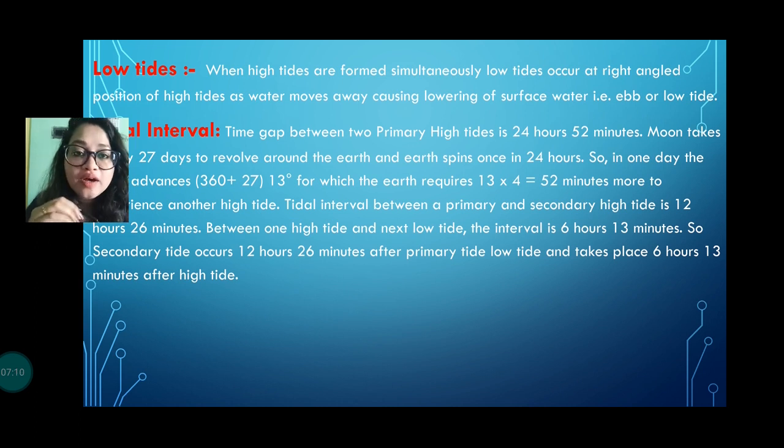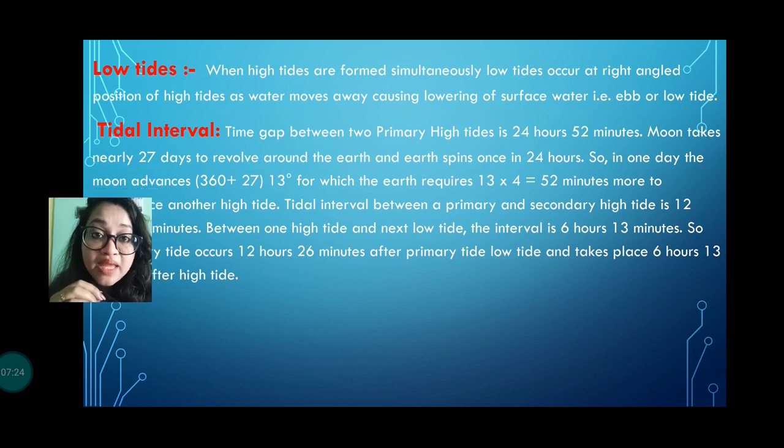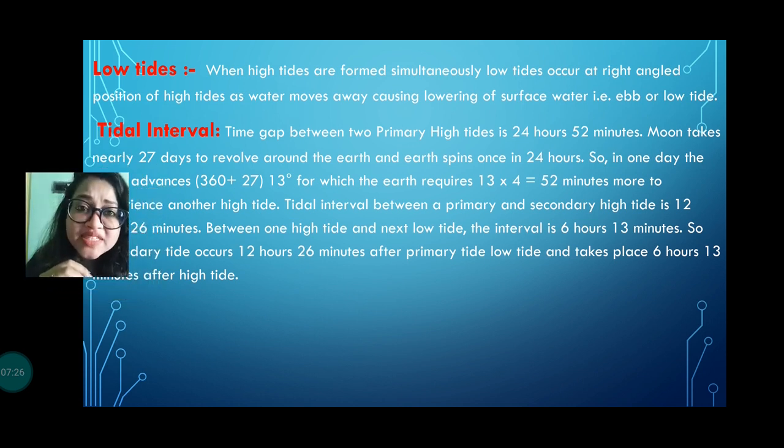Next one is the tidal intervals. This is the thing you have to understand properly. The time gap between two primary tides is 24 hours 52 minutes, and the moon takes 27 days to revolve around the earth.